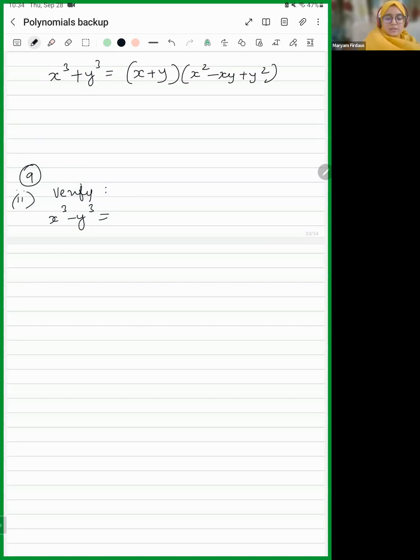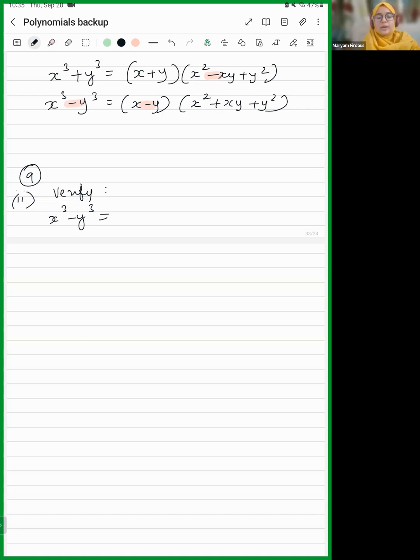And now just replace this with a minus: this becomes x minus y into x square plus xy plus y square. So this minus sign gets replaced with a plus sign, and this plus with a minus.